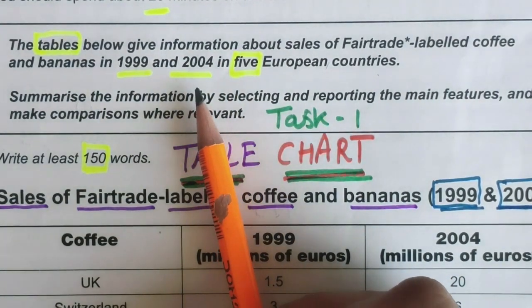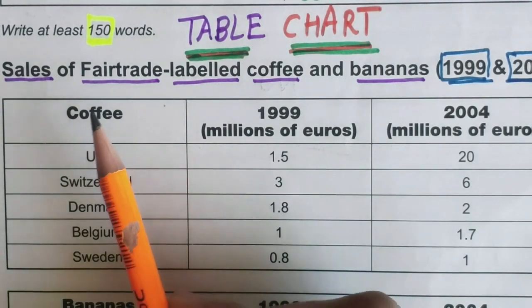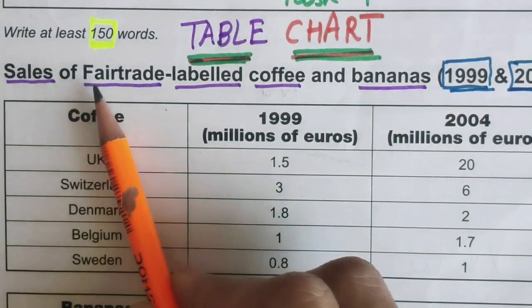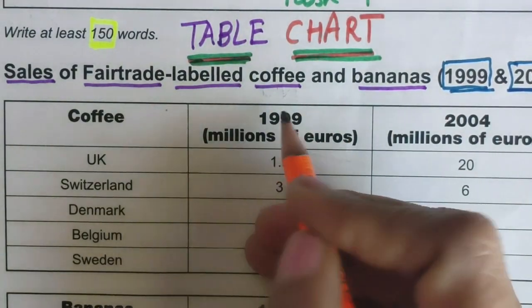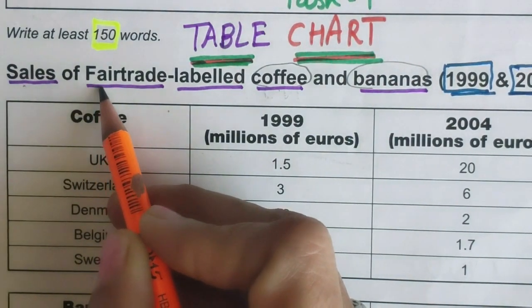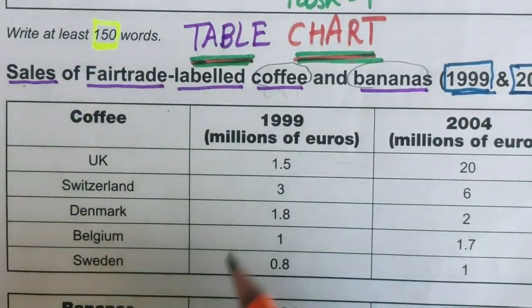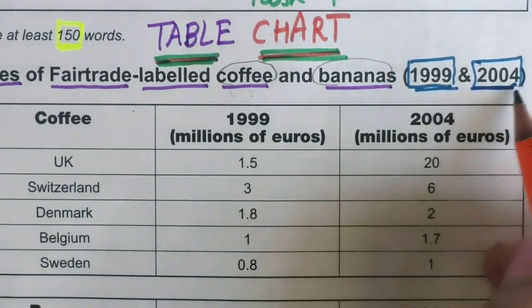Now what about the table? The table says sales of Fairtrade-labelled coffee and bananas. So they are talking about coffee and bananas sales, where Fairtrade-labelled, in the years 1999 and 2004.